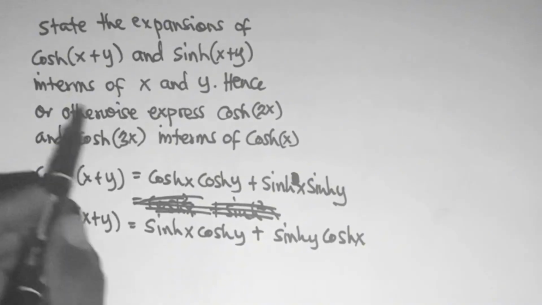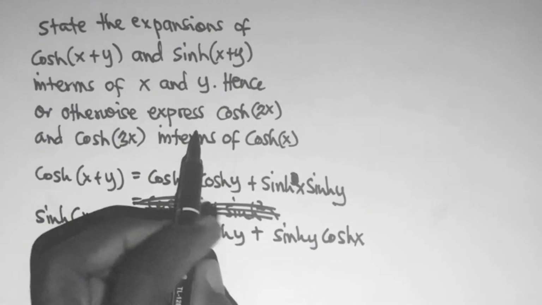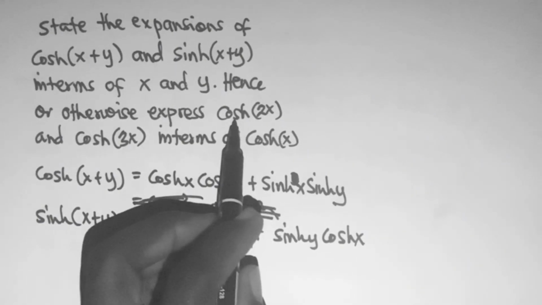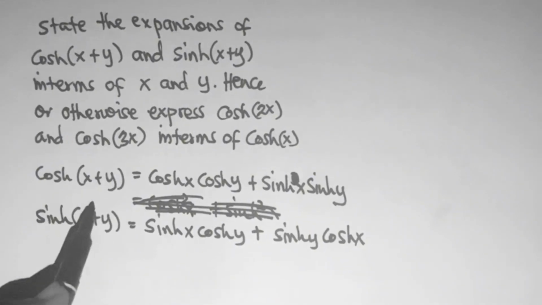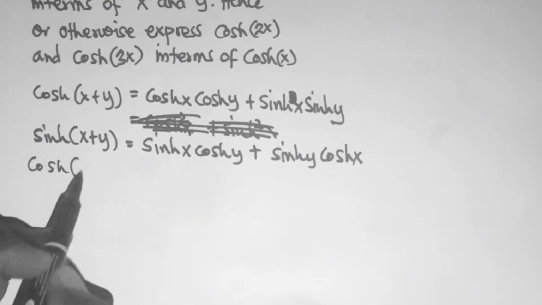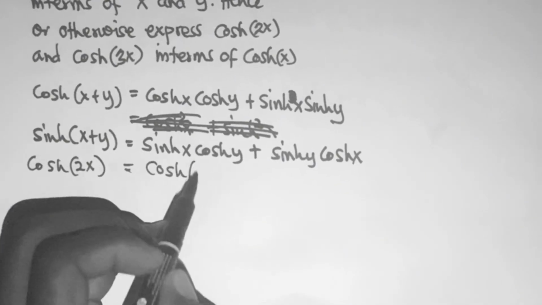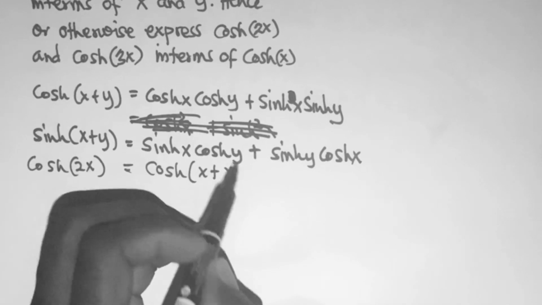So we are done with the first part of the question. And we are supposed to look for cos 2x and cos 3x. So now, cos 2x can also be written as cos x plus x.